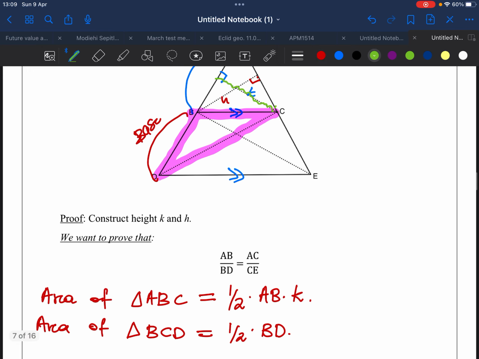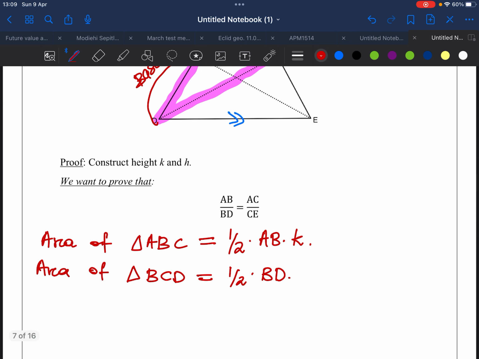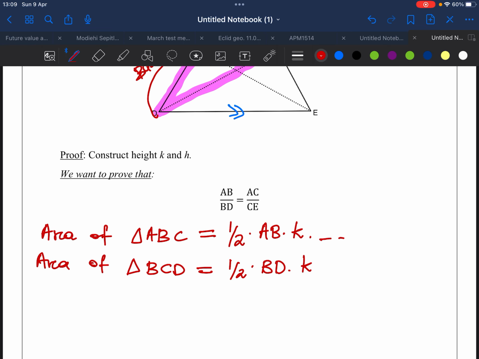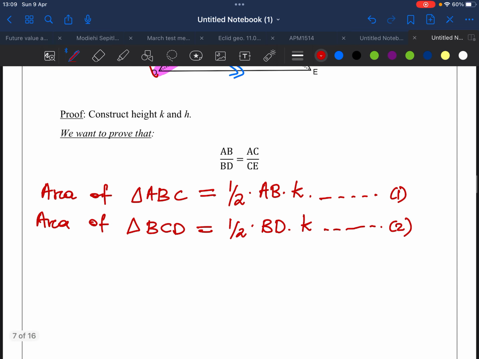So we have K there. Let us name this 1 and let's name this 2 there. So I'm going to say from 1 and 2.